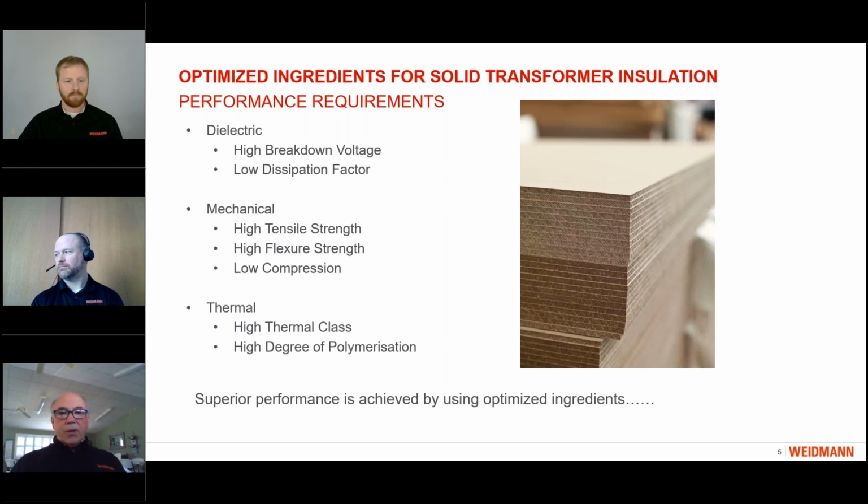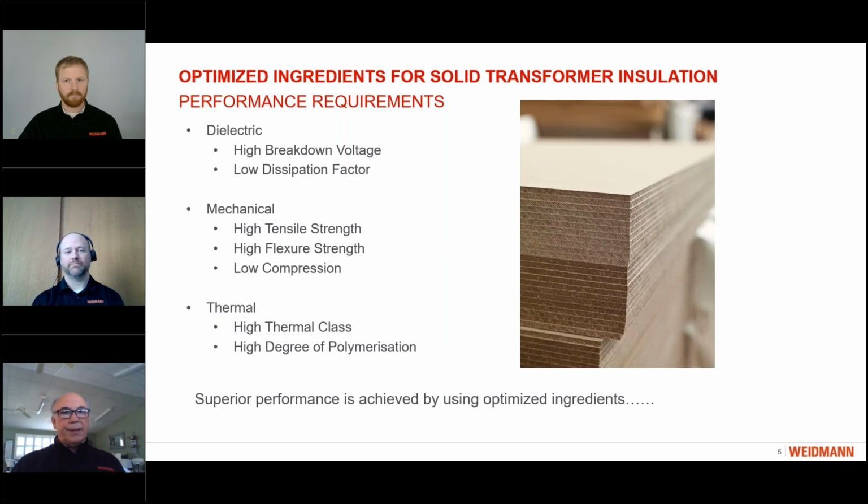The challenge for the board maker or the paper maker is all of these performance criteria can only be achieved using two raw materials, basically water and cellulose pulp. So particularly the strength and the dielectrics, we have to be very careful about those raw materials.